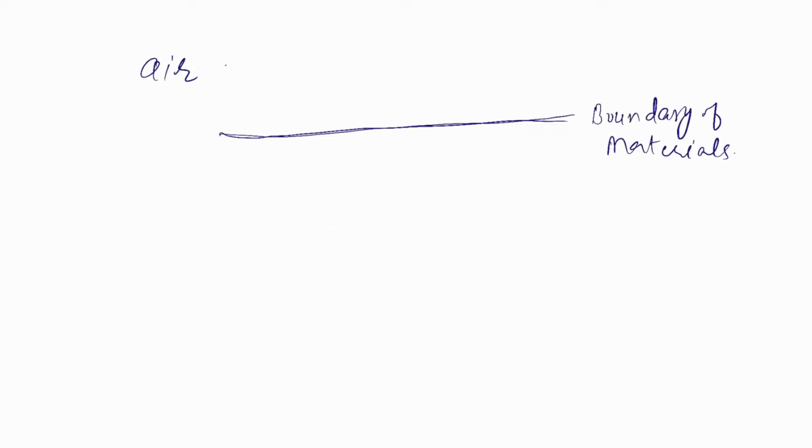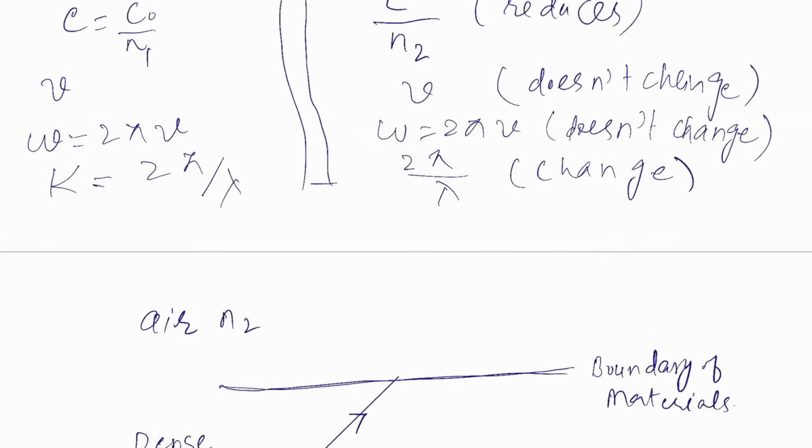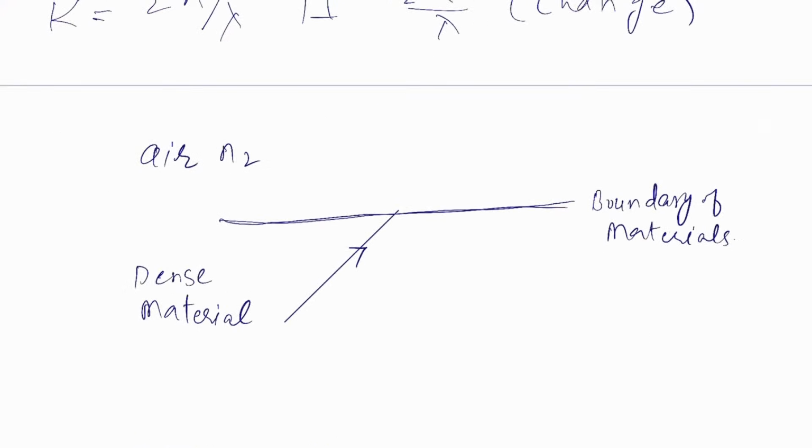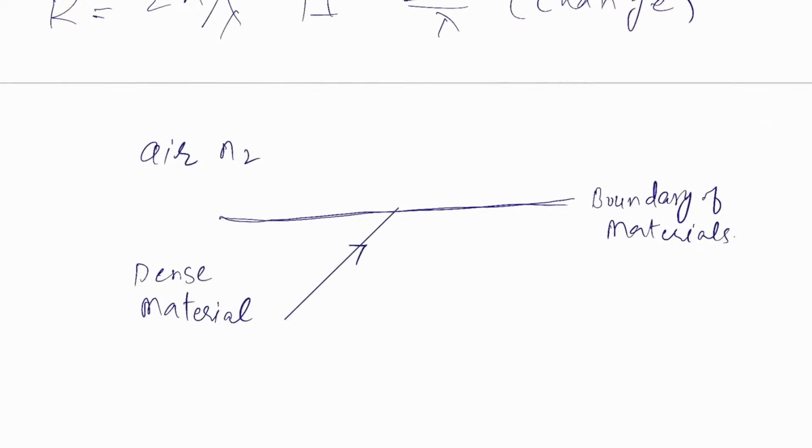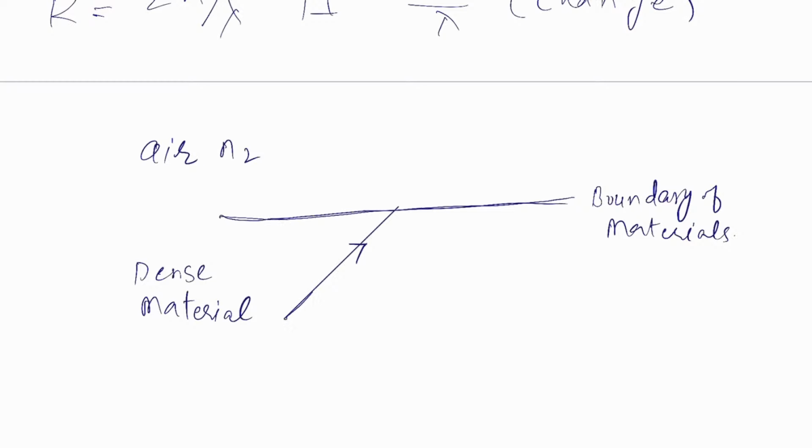So you have air and you have a dense material, and light is going from this and reaches here.